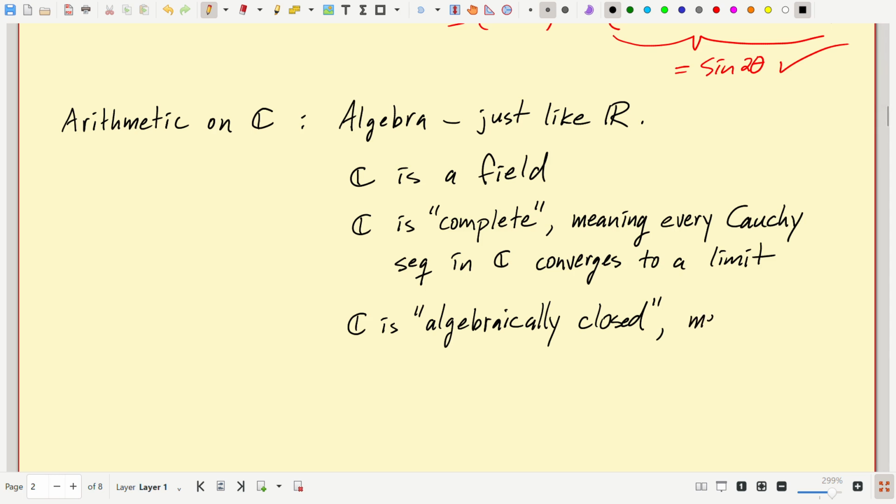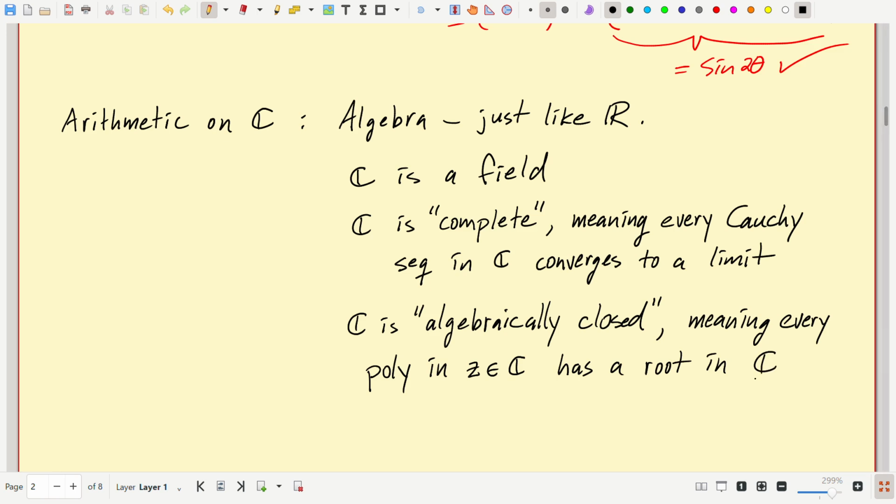Meaning that every polynomial in the complex numbers has a root in C. So that's the fundamental theorem of algebra I mentioned last time.